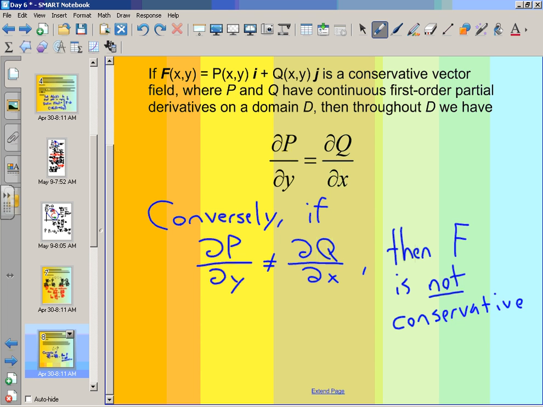In other words, this is like: if A, then B, and therefore if not B, then not A. If something is a square, then it is a rectangle, and therefore if something is not a rectangle, it can't be a square. So it's the same thing. If this fails to be true, then we know it's not conservative.